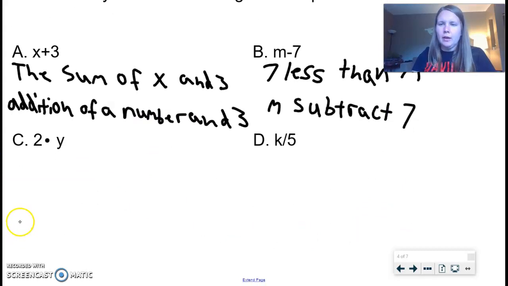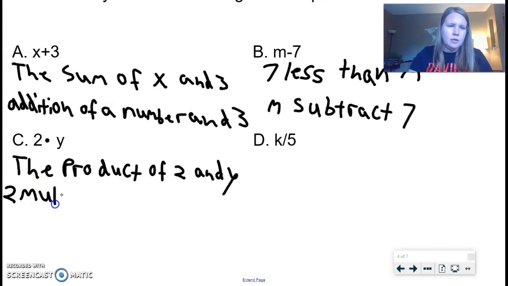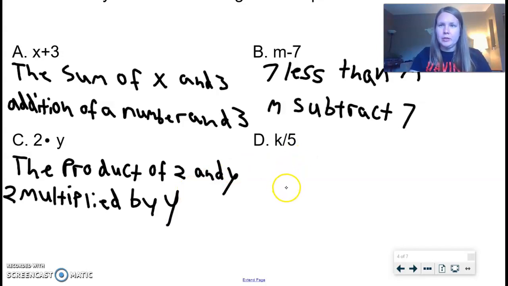So as we keep going, we're going to look at your multiplication and division. So I could say the product of 2 and y, because product means multiplication. Could say 2 multiplied by y. I hope I'm spelling this right. So those are 2 ways you could talk about multiplication. And then this one is division.